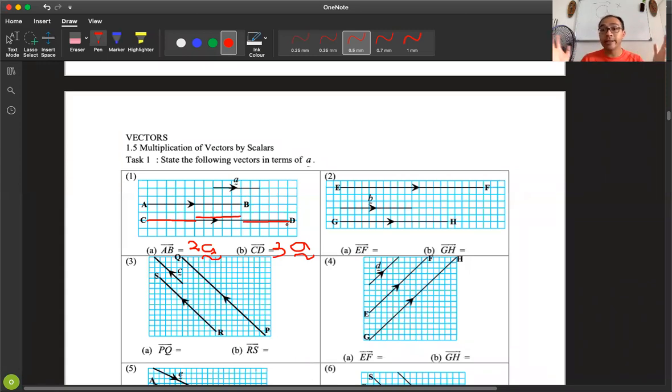Any vector can be multiplied however many times you want to make it longer, or it can be cut short by dividing it or multiplying it by a fraction.